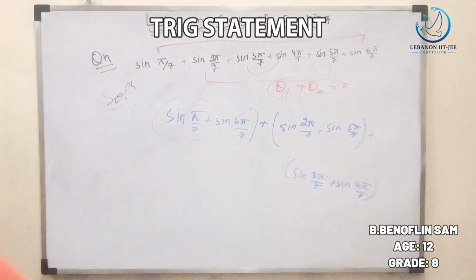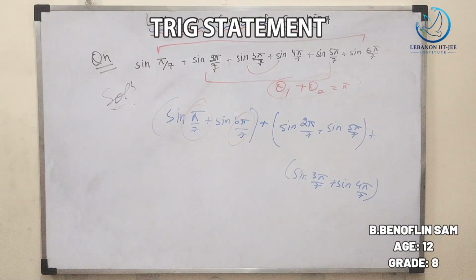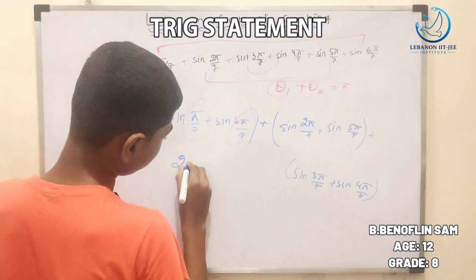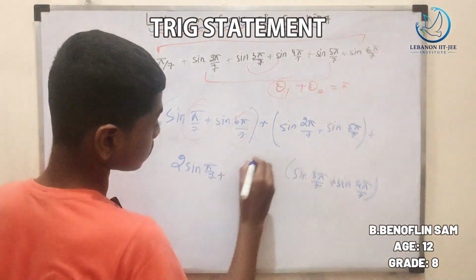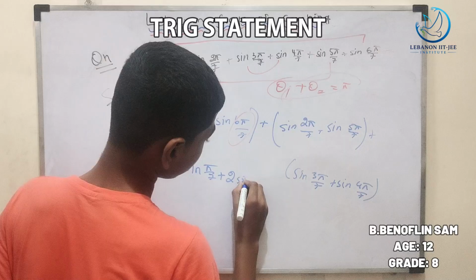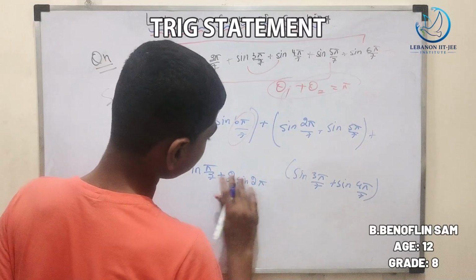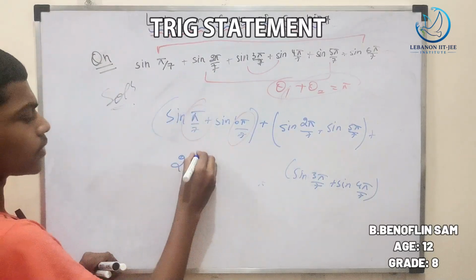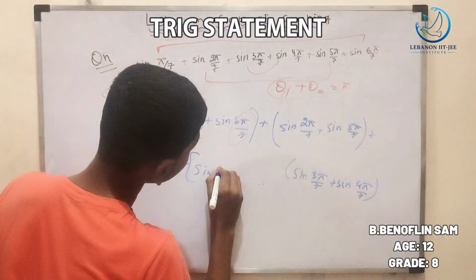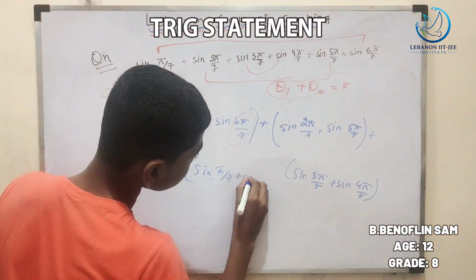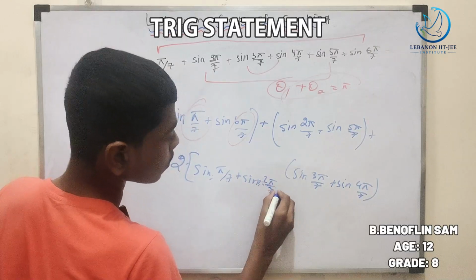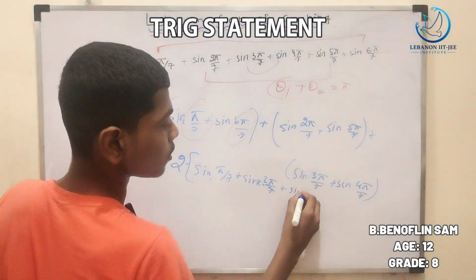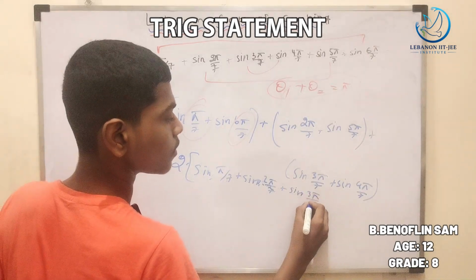So we take 2 sin pi by 7 plus 2 sin 2 pi by 7, and we can take 2 common: sin pi by 7 plus sin 2 pi by 7 plus sin 3 pi by 7.